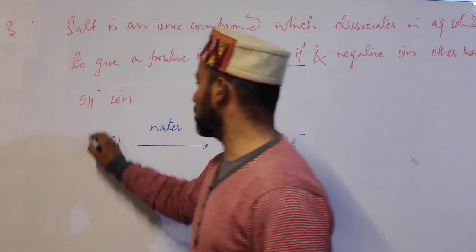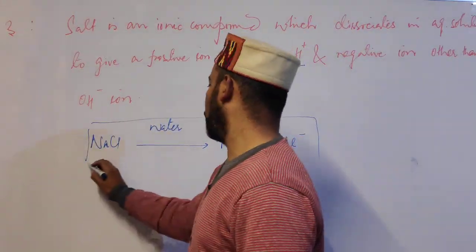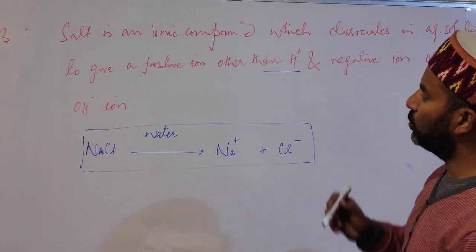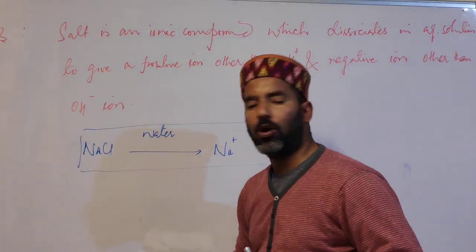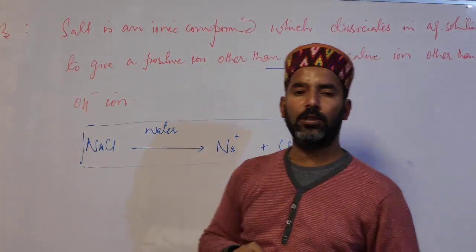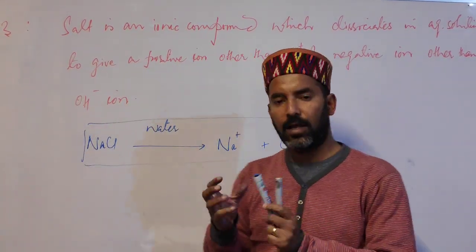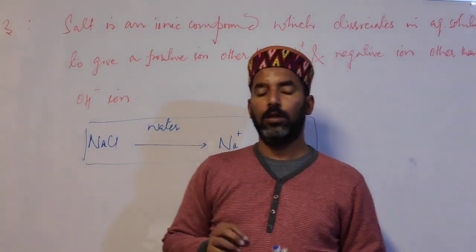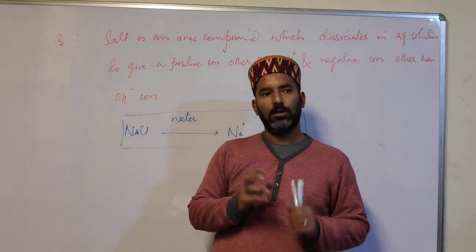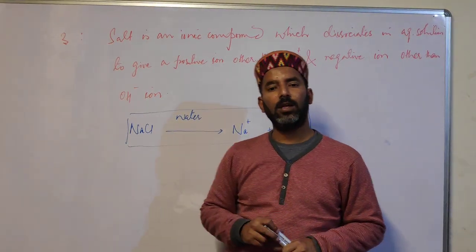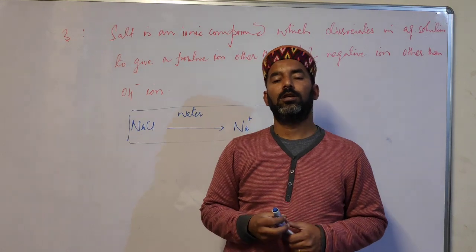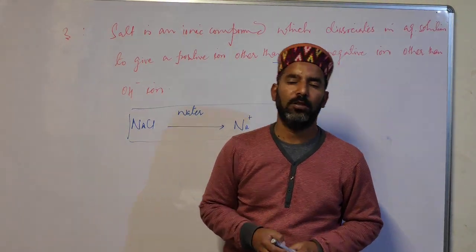So any such compound which dissociates in water to give a cation other than H positive and an anion other than OH negative is called a salt. So students, this was the definition of salt. Rather, we had 3 definitions. Now students, in the next lecture I'll tell you how salts can be classified. That means in the next video lecture we will discuss classification of salts. Thank you students.